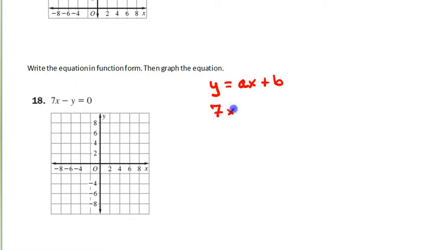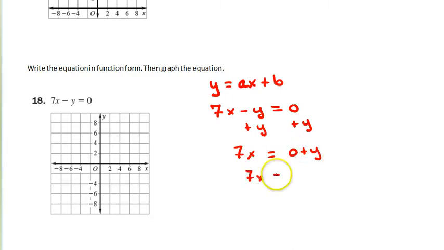So I have 7x minus y equals 0. And I want to get y by itself. So I'm going to add y to both sides. And I get 7x equals 0 plus y, or 7x equals y. Now I'm going to make my xy chart to find a few points on my line.